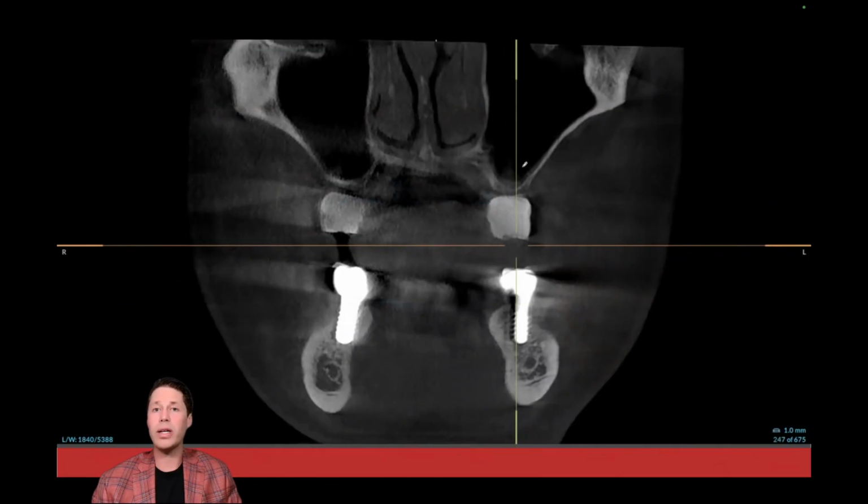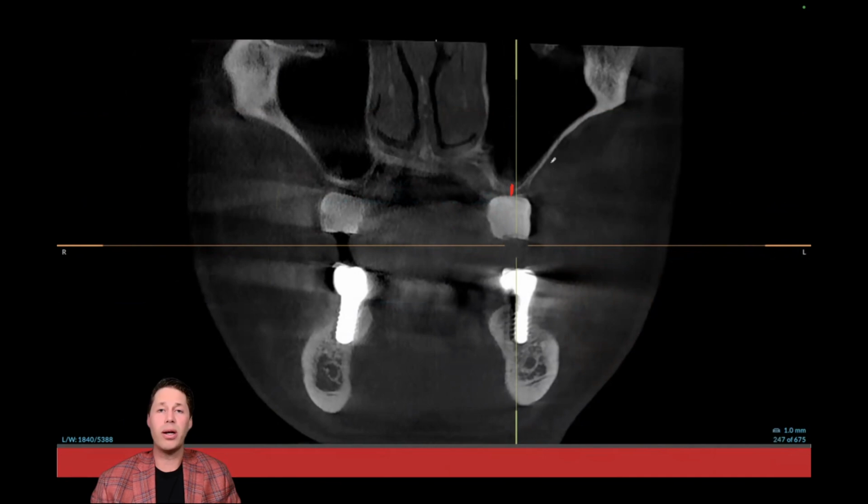So, when it comes to my decision making, what we're going to look at is the residual bone height. If it's 5 millimeters or more, so usually 5, 6, 7 millimeters, my preferred methodology is going to be an indirect sinus technique. When there's 5 millimeters or less, we're going to do a lateral window approach.